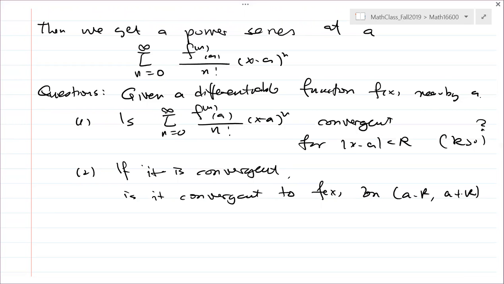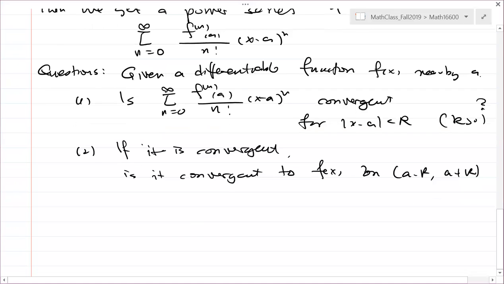That's the logic. If the function has a power series representation, then it must be in that form, no question. But how do you know this series is convergent, and convergent to the given function? You don't know. All right. So this series is called the Taylor series, and the name is associated with it.